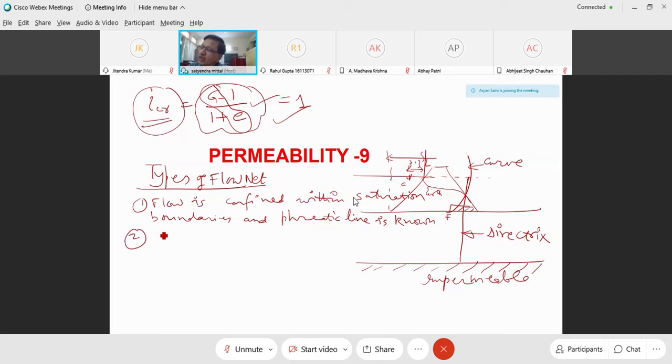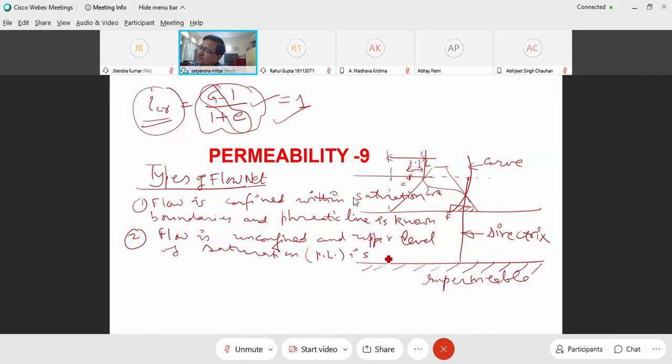The second situation is that flow is unconfined and the upper level of the saturation line, that is the phreatic line, is not known.